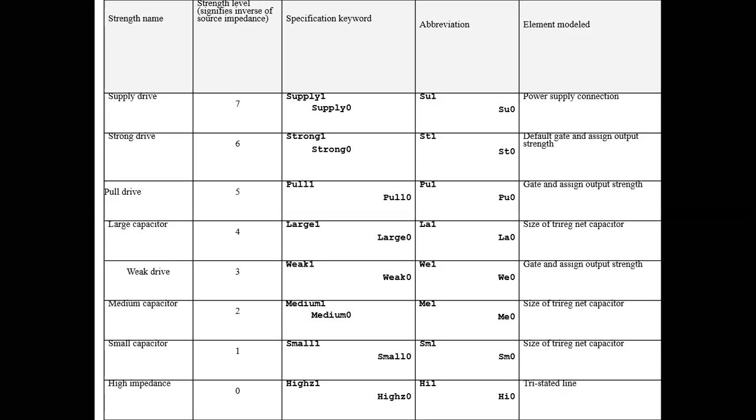Why? Because the strong drive has the highest strength when compared with the pull drive. In a similar fashion, large capacitors will have more strength than the medium and small capacitors. But you can see the weak drive has a strength of 3.